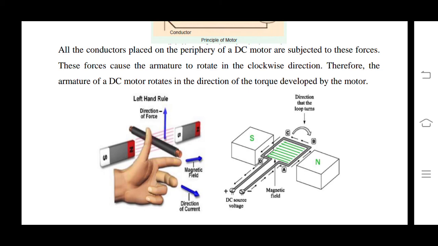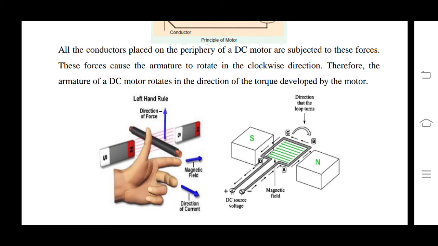We should remember that for motoring action, the conductor which comes under the north pole must be a cross conductor, that means incoming current. It's very important that the conductor which comes under the north pole must be a cross conductor.